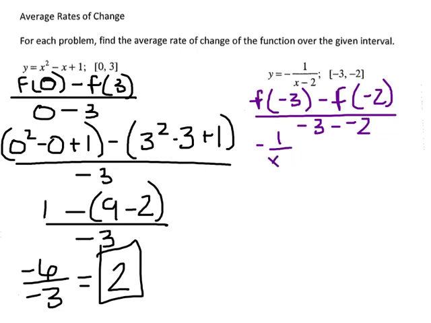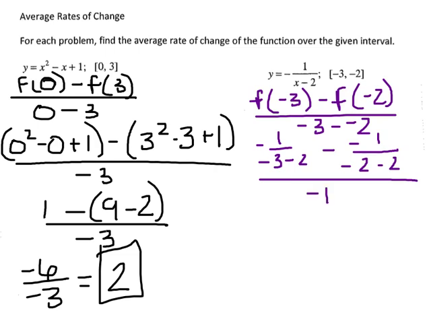Oh, sorry, I don't know why I said x. Negative 1 over negative 3 minus 2, minus negative 1 over negative 2 minus 2, all over negative 3 minus negative 2, which is negative 1. So when we solve all of that out, we can divide out this negative.